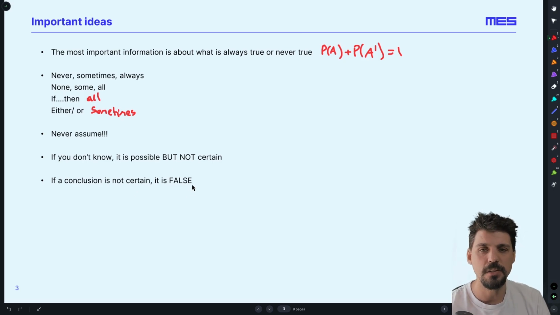So when we are looking at these deductive reasonings, if we don't know 100% that it is true, then that's it. If you're going to say that something is true, you need to know for certain it is true. And if it is not certain, then we are going to say that this is a false conclusion. It is a false logical conclusion.